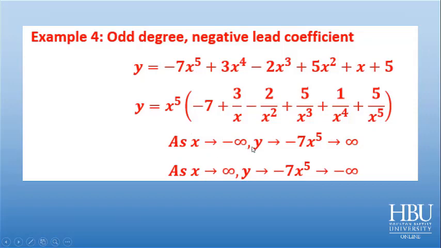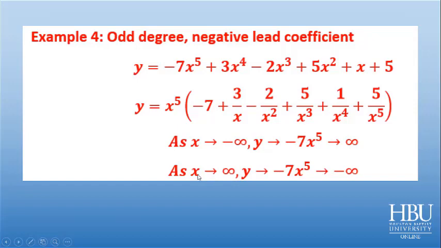The y would be approaching minus 7x to the fifth because all of these other terms would be approaching 0. And if x is a large negative number raised to an odd power, that's going to be negative. But a negative times negative 7 would be a positive number, a very large positive number approaching infinity.